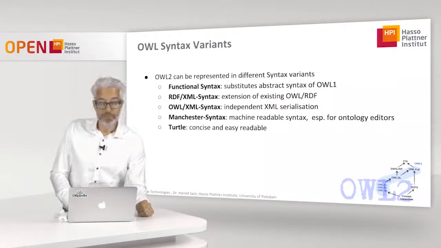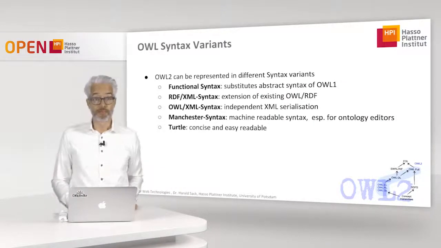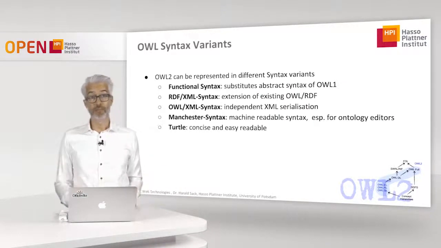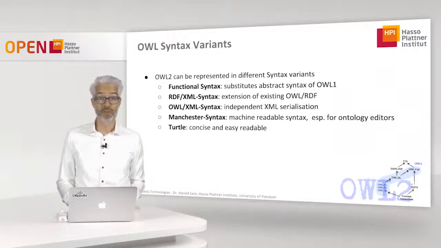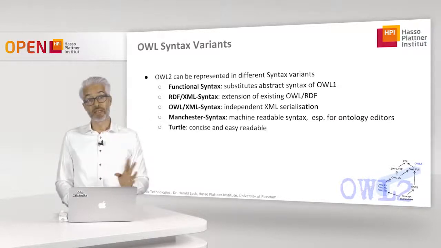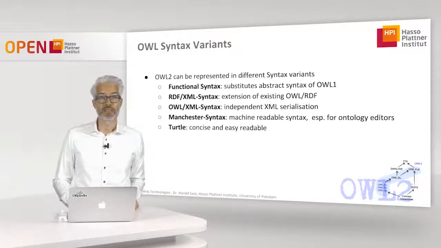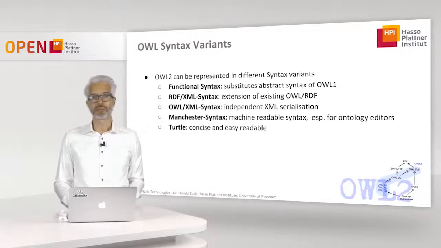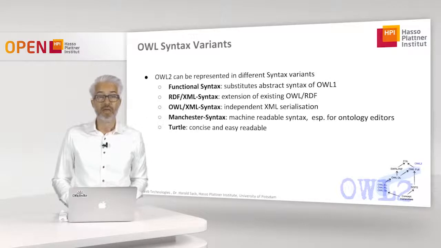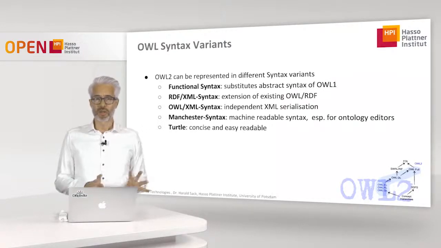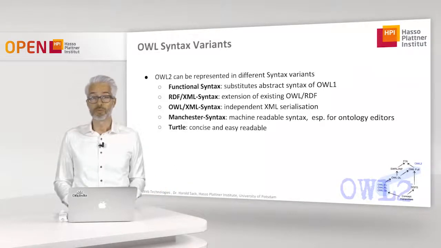So, of course, we want to write OWL. And for that, OWL provides several syntax variants. So they are different. First of all, there is a so-called functional syntax. This substitutes the so-called abstract syntax of OWL1. This is rather short, rather brief, and in the end I will give you an example, but we won't use it anymore.